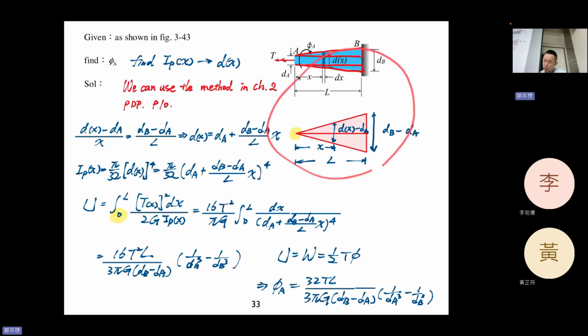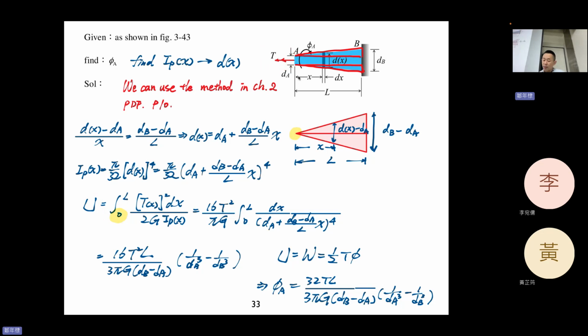And this one is really similar to what we learned before, and we use similar triangles to obtain the diameter as a function of x. Then we can determine the internal energy and strain energy stored by the torsion.